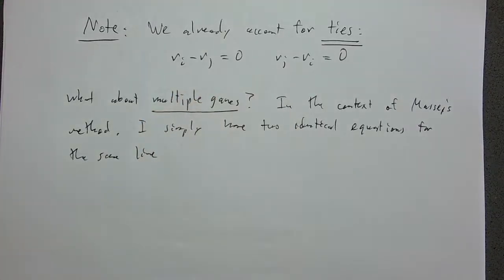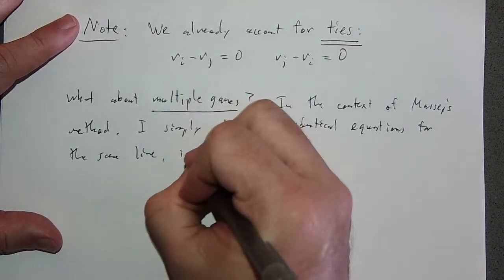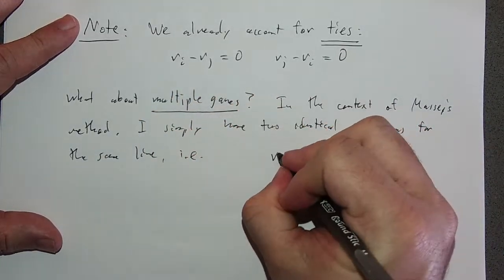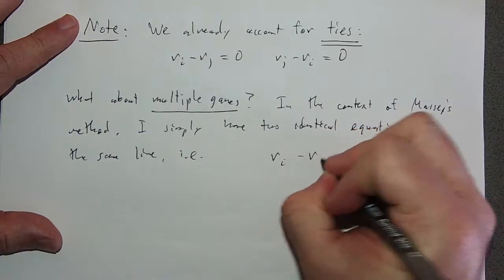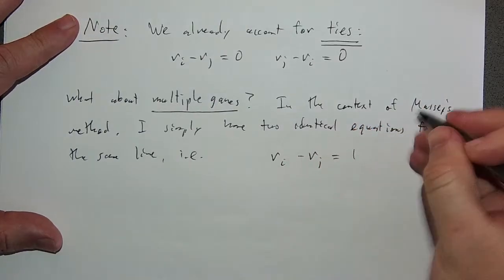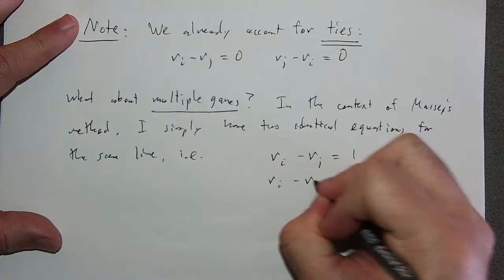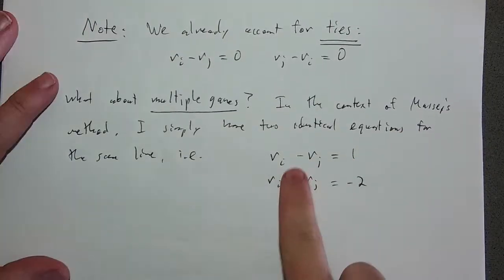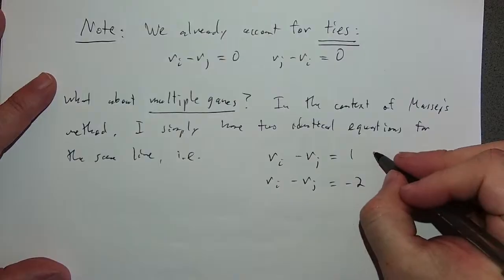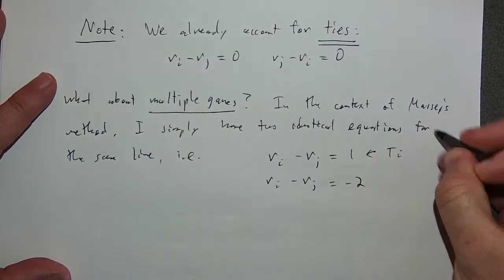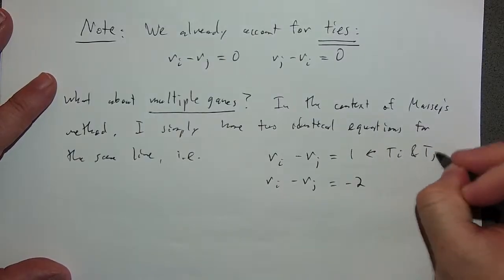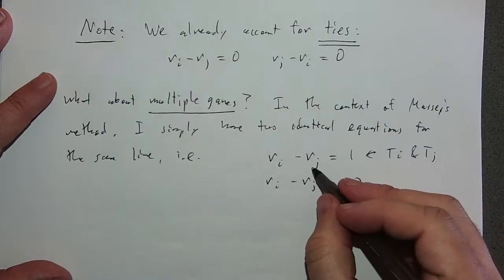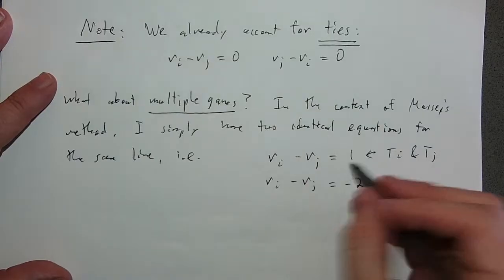I would have something like r sub i minus r sub j is equal to 1, and r sub i minus r sub j is equal to minus 2. So what would that indicate? The first one is team i and team j played, and team i wins by 1.